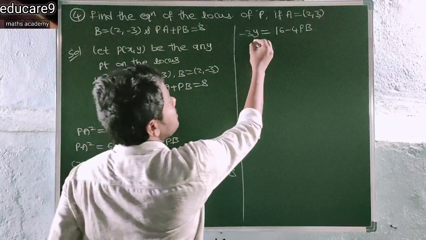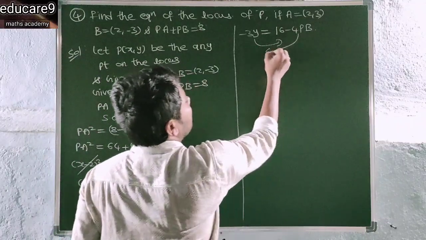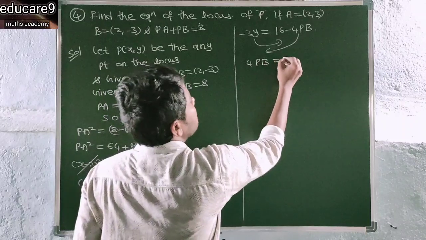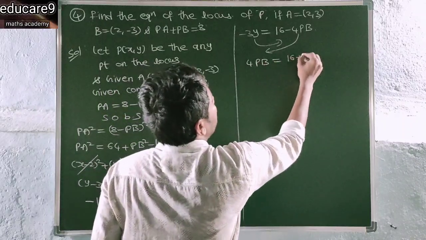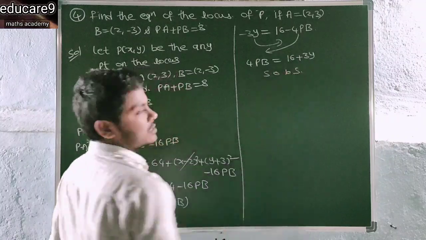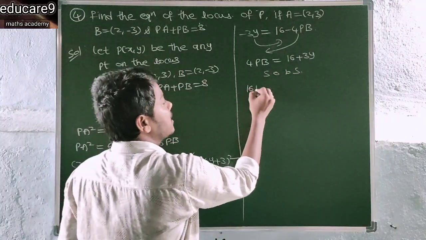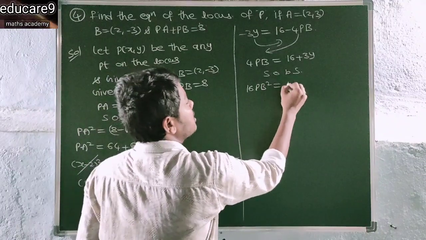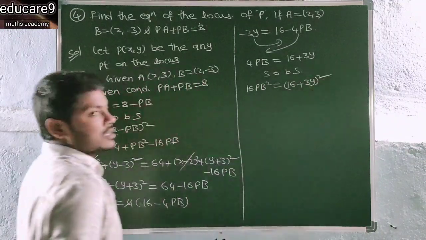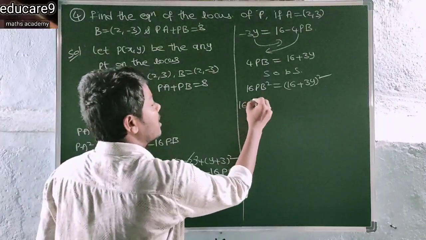See here, send this one to the right side and this one to the left side. So then it becomes 4 PB is equal to 16 plus 3y. Now again squaring on both sides. So this is 16 PB square is equal to (16 plus 3y) whole square. See here 16 into PB square.